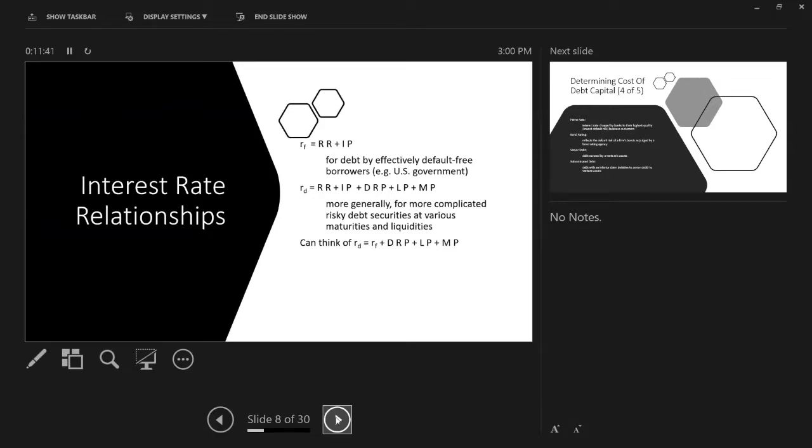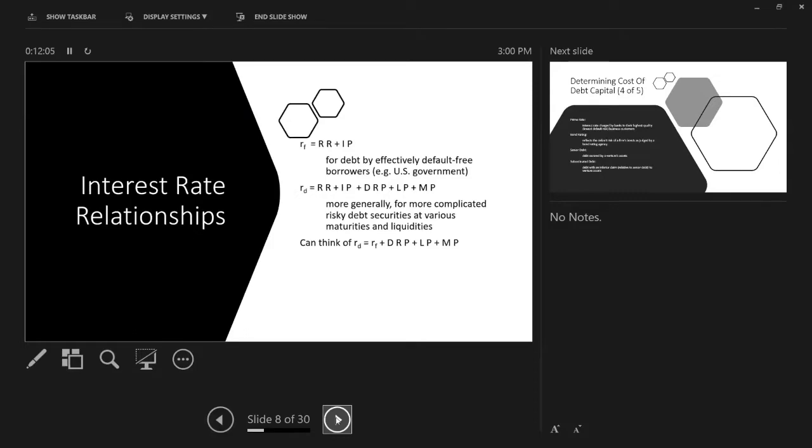As I said earlier, for example, buying a government-issued bond is virtually risk-free. That's what we call RF. And RD is the expected return on debt, which we are going to calculate.